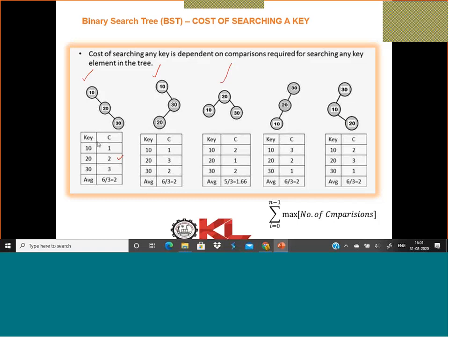If you look at all the trees that can be generated using the same set of elements, you can see clearly which tree gives fewer comparisons, and that tree has an advantage over the other trees. This is what you need to observe.